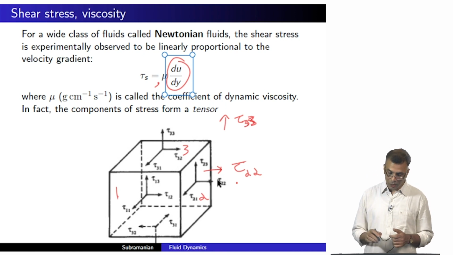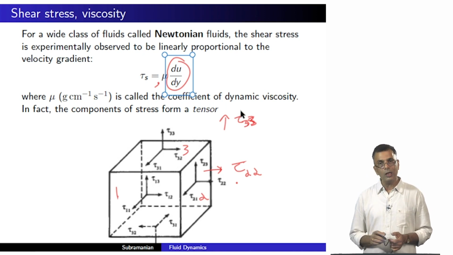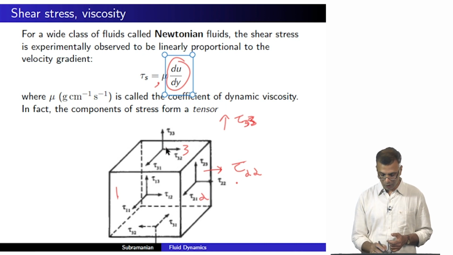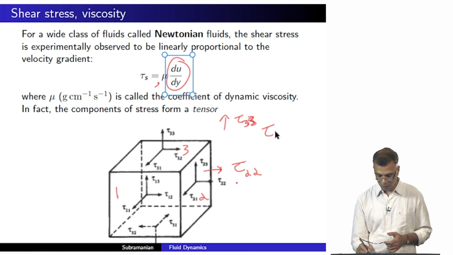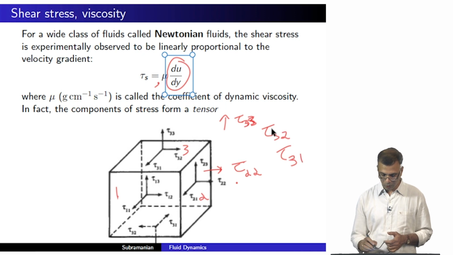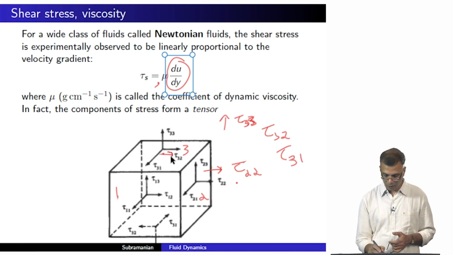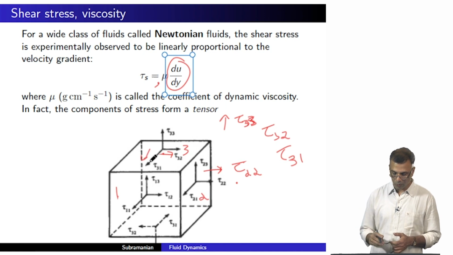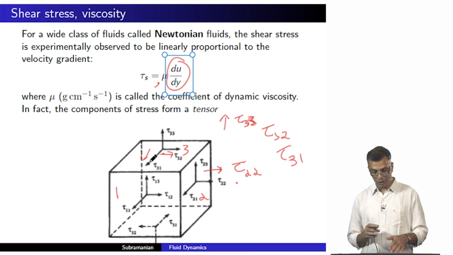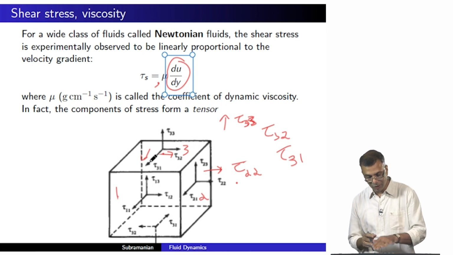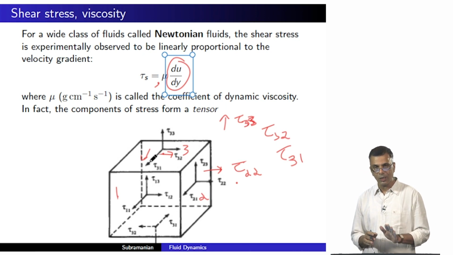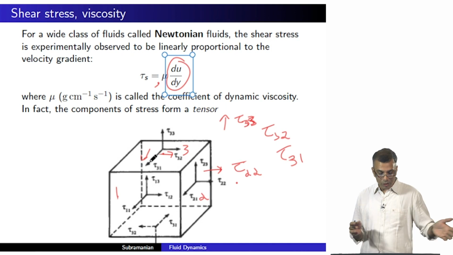Okay, but as you can see, tau 3 is not the only kind of stress there can be. There can also be other components, and these are what are called shear stresses, because these stresses arise from forces that are tangential to the surface, whereas tau 3 is a normal stress.